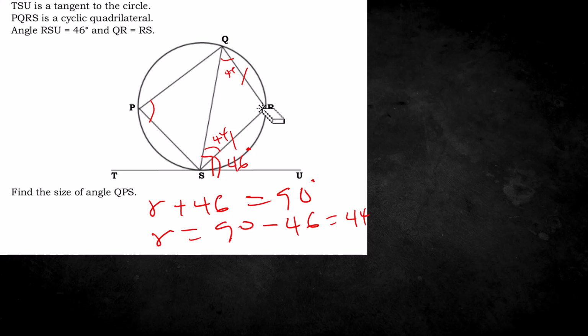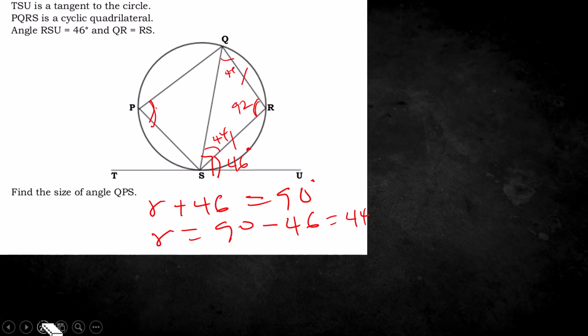So we can find this angle, and once we know this side, we can find this side. When we add this one and subtract from 180, we get this side. So 180 minus 88, this side will be 92. So 92 plus this side will give us 180.